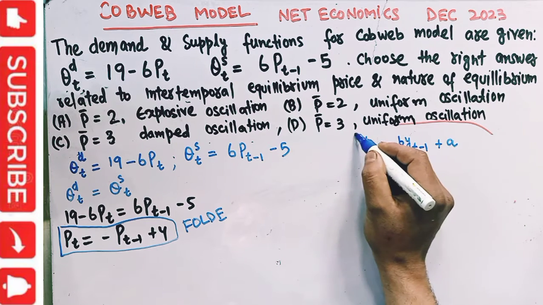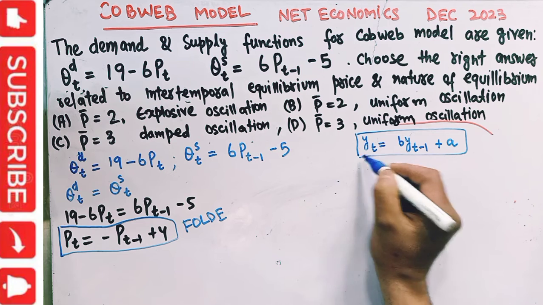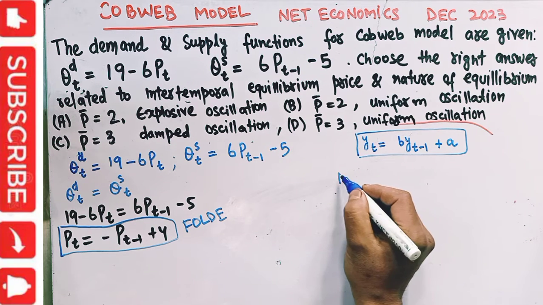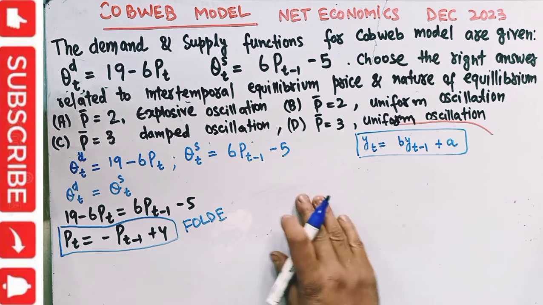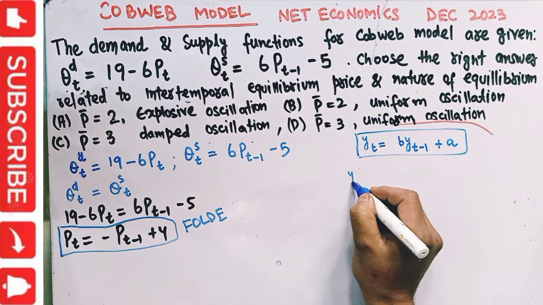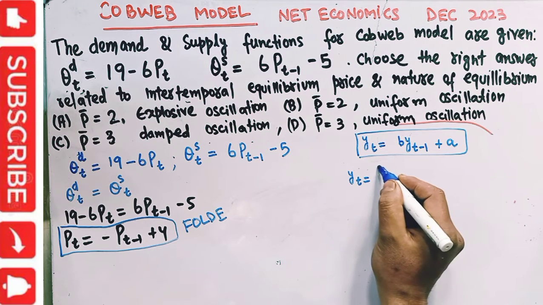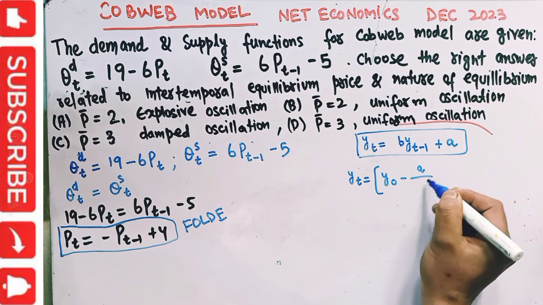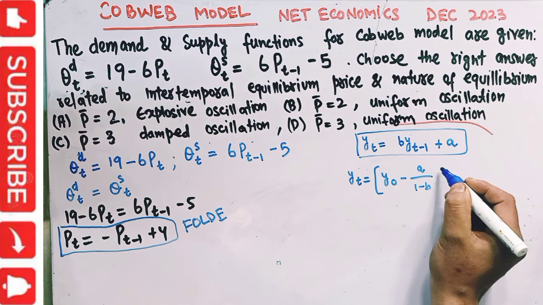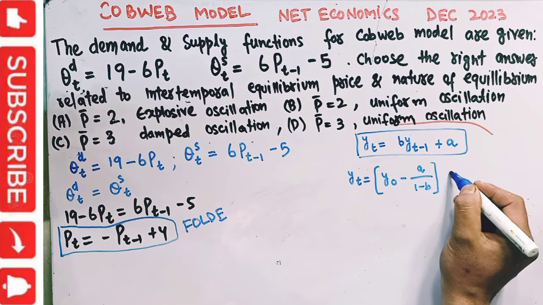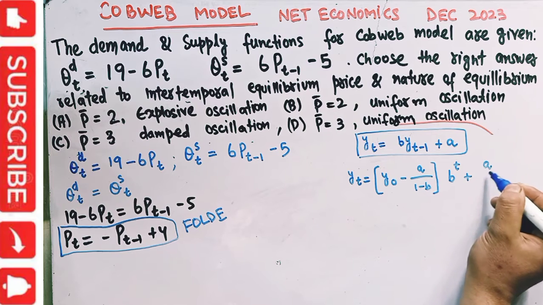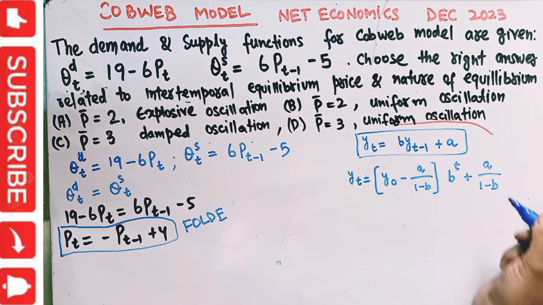If this is our first order linear difference equation, its general solution is given by: yt is equal to the initial condition y naught minus a upon 1 minus b, times b raised to the power t, plus a upon 1 minus b.